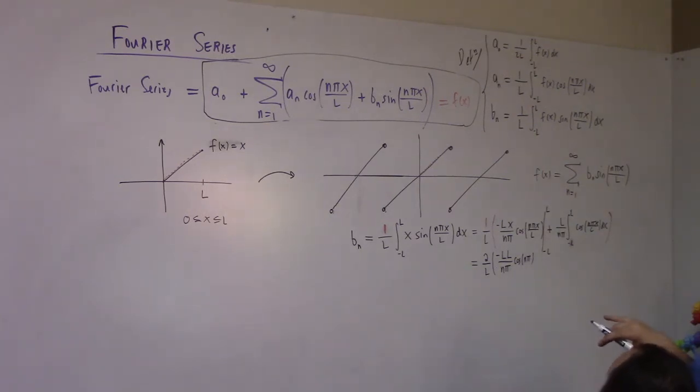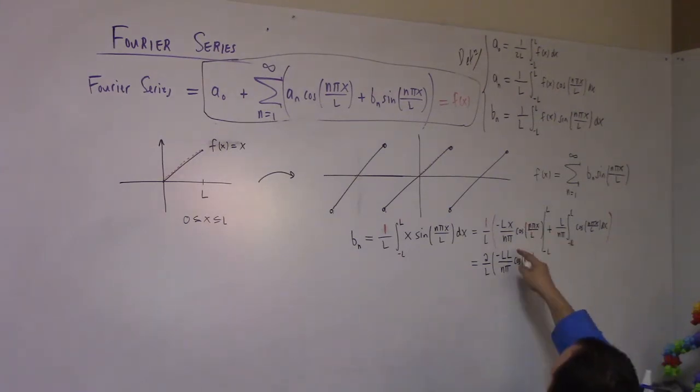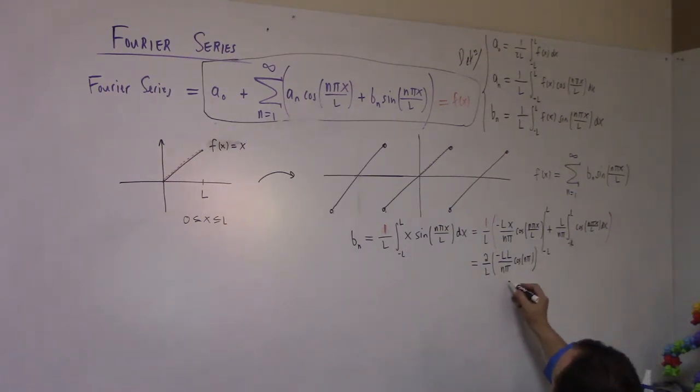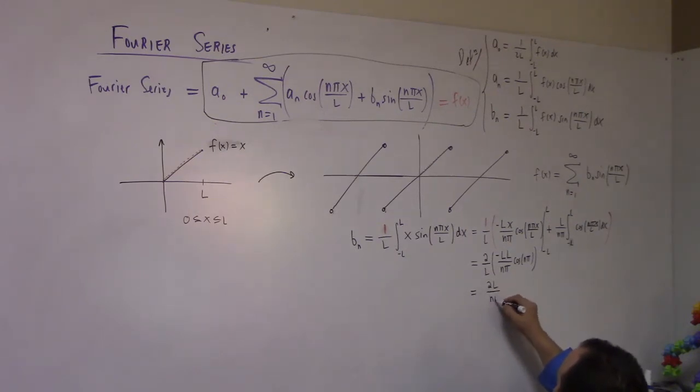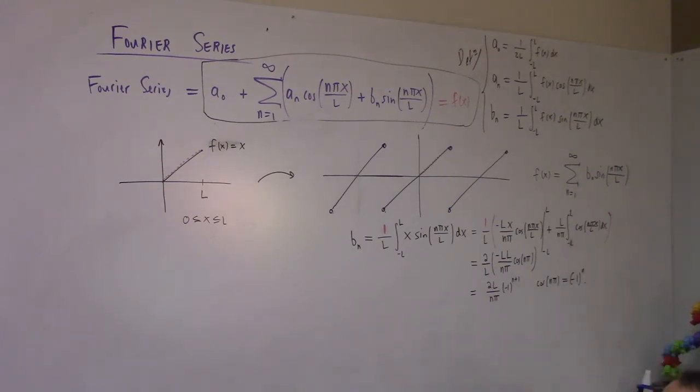And then the zero bound gives me 0 because there's an x here. This is an integral of cosine over a full cycle, so that's just 0. And this is it. The L's cancel. You're left with 2L over n pi times minus 1 to the n plus 1, because cosine of n pi is minus 1 to the n.